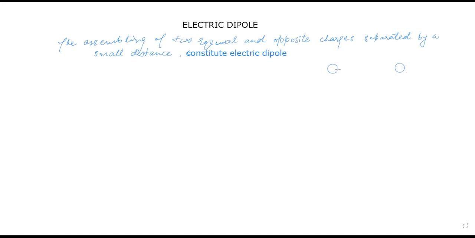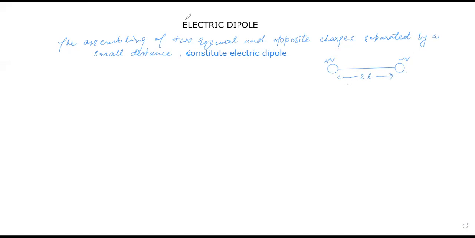Because now in this system there are two opposite charges available, the first is plus q and the second is minus q, and we are taking the separation between them as 2L. Are you clear or not?